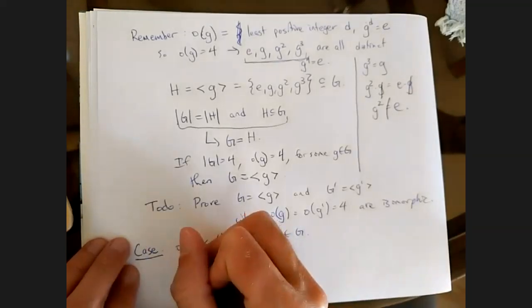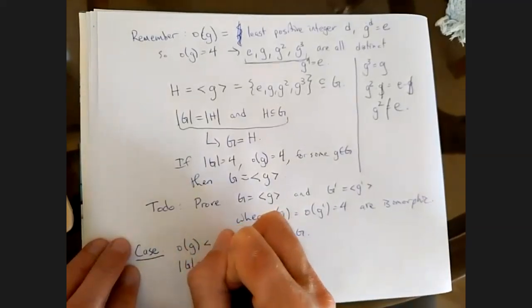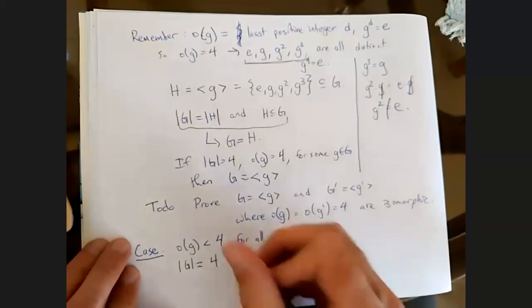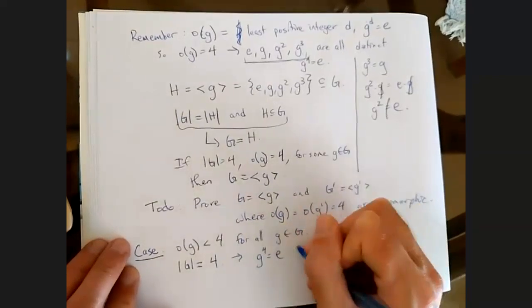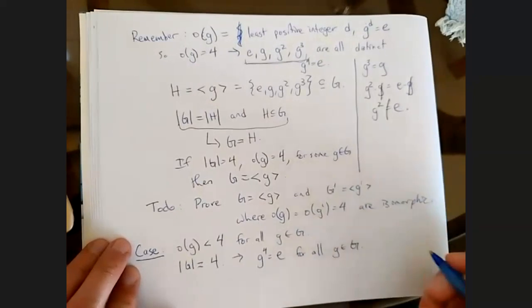Okay. Now, we're still in the case that the order of the group has 4 elements. So this implies that g to the 4th is the identity for all the elements of the group.